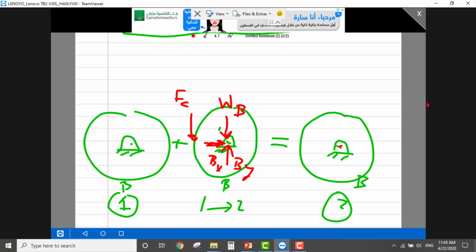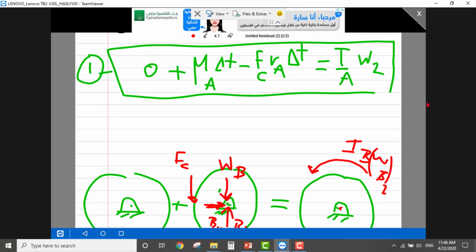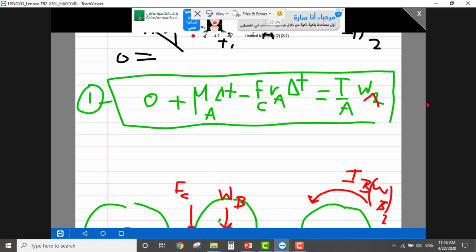Now in state 2 we have angular momentum, and this angular momentum will be in the opposite direction of gear A. So this is IB multiplied by omega B state 2. This one I will name omega A state 2.